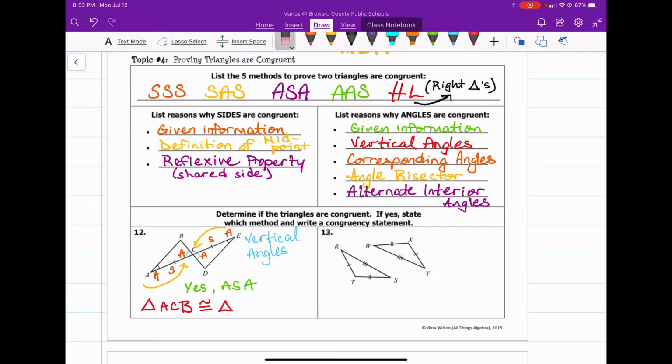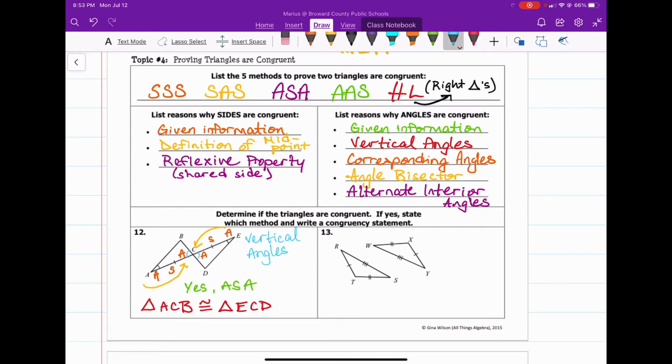Oops, that's not an E. ECD. So like I said, I drew the arrows there to help us follow the order in which we're following the congruency for these markings, okay? Because the order matters. Order matters when you're writing a congruency statement.